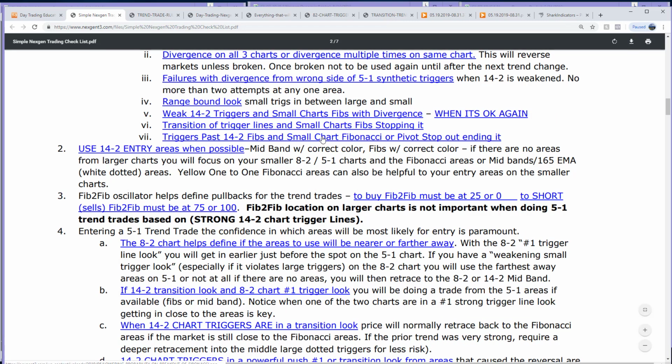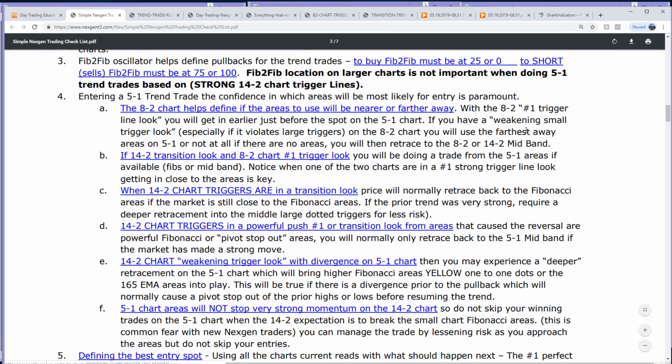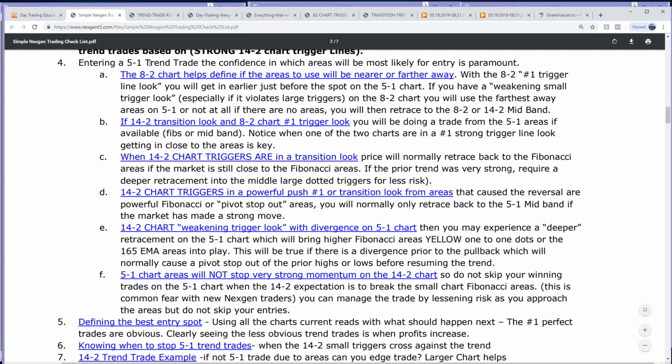Now, this is where we're talking about right here, David. Entering a trend trade on the 5-1 chart, which one is more confident? Which one is better? Which one is more likely to win?